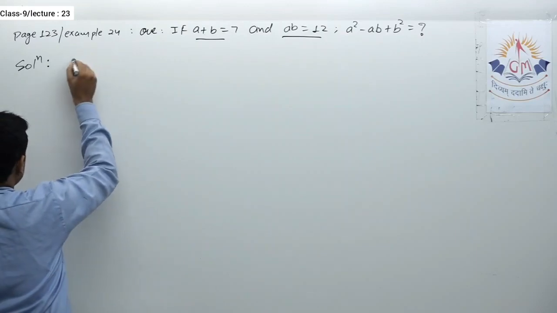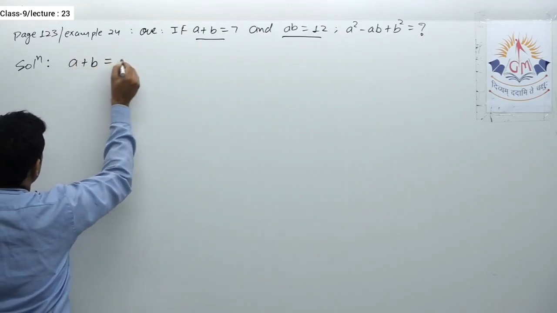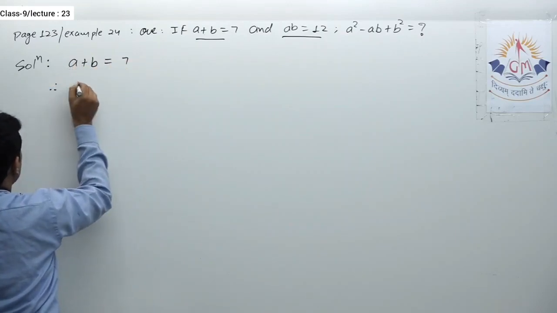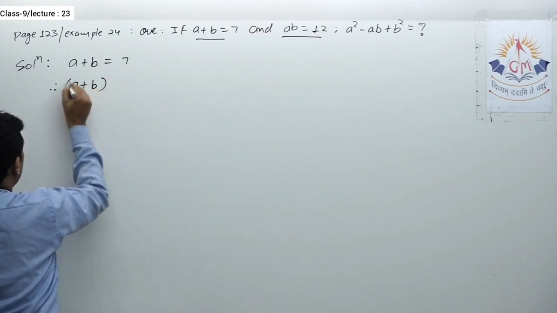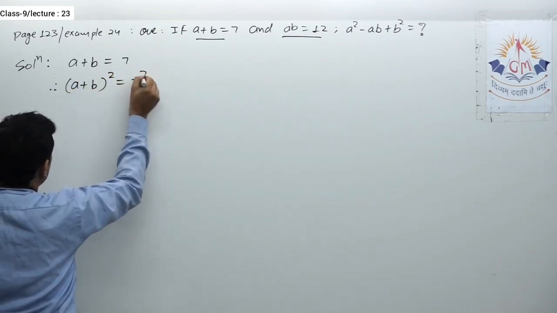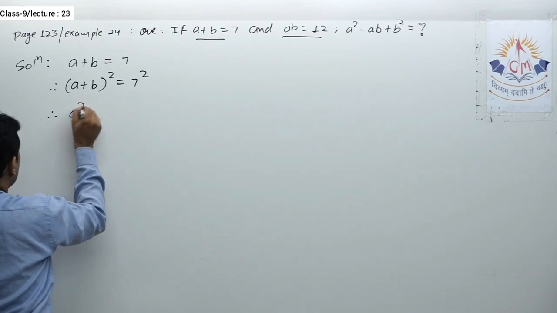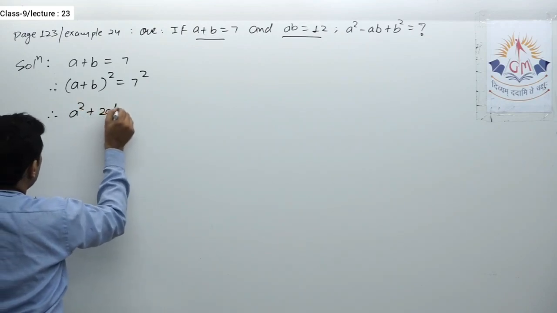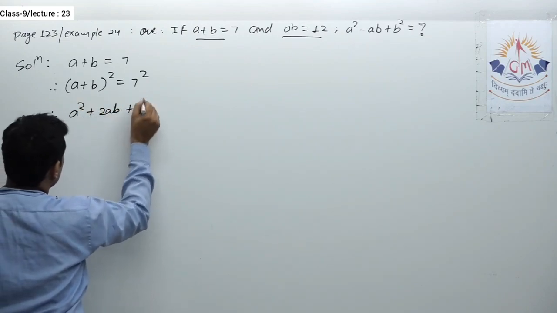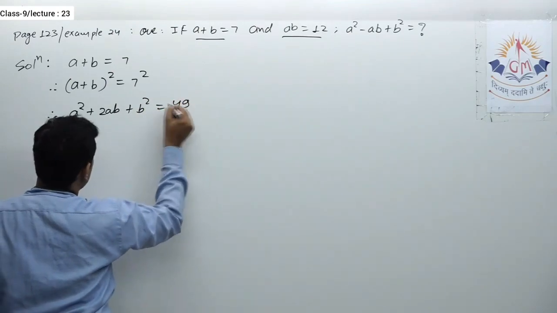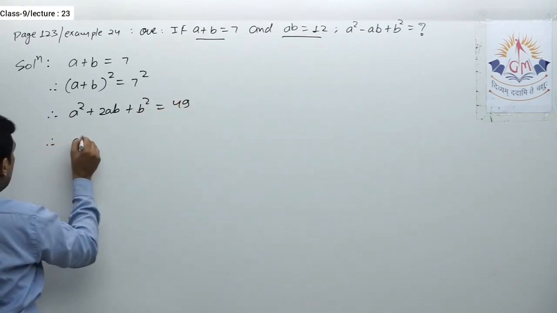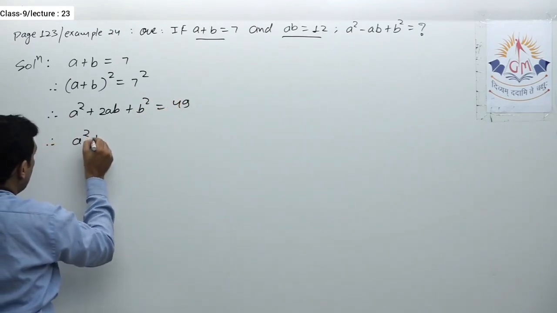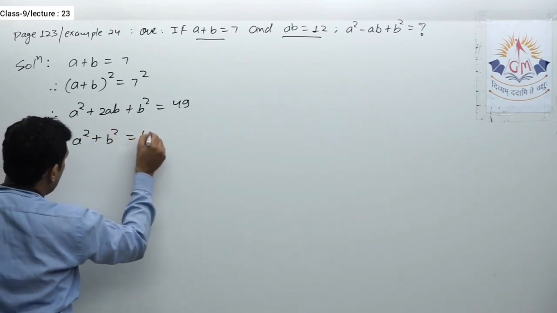So we will start with a plus b. Here a plus b equal to 7. So a plus b whole square is equal to 7 square, that is a square plus 2ab plus b square is equal to 49. That means to find a square plus b square we can do it this way: 49 minus 2ab.